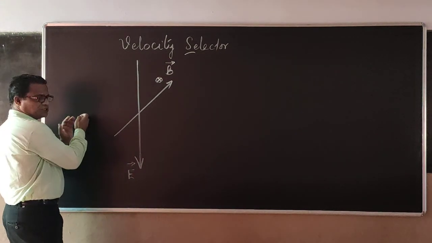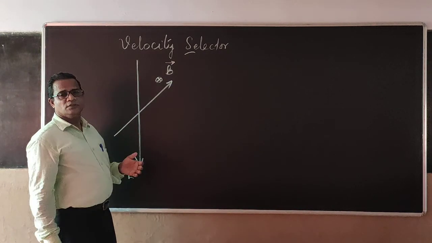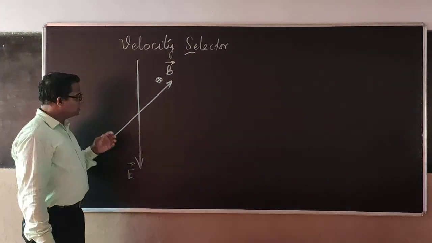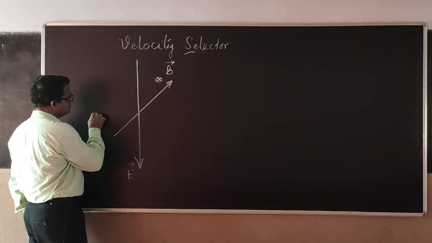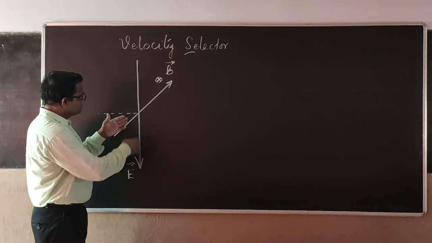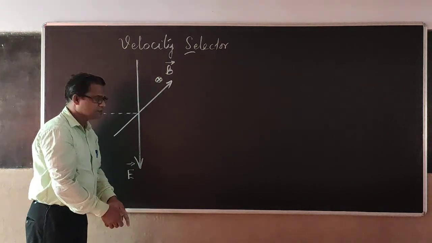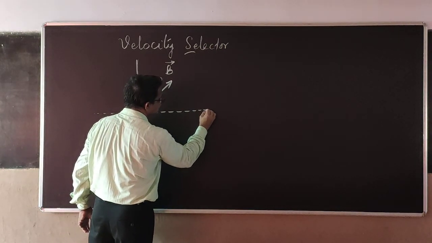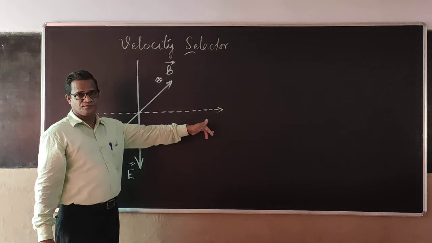Now, if I project positively charged particles, different types, into this particular region, then we can find that some particles are going up and some downward, and only a few particles are going through the fields without any deviation.